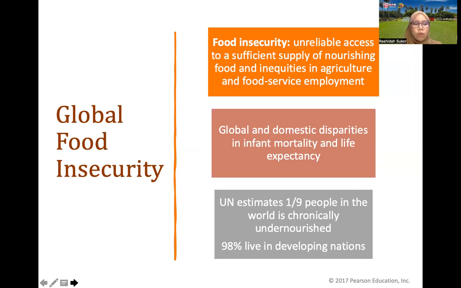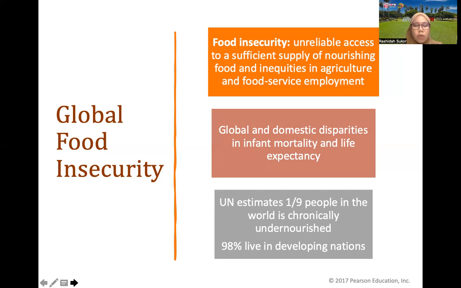So we know the world has a food security problem, and global and domestic disparities in infant mortality and life expectancy. The UN estimates 1 of 9 people in the world is chronically undernourished. What does chronically undernourished mean? That means for a very long time, this 1 of 9 people are still undernourished. And 98% live in developing nations.